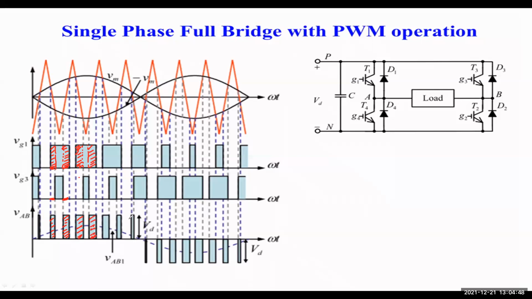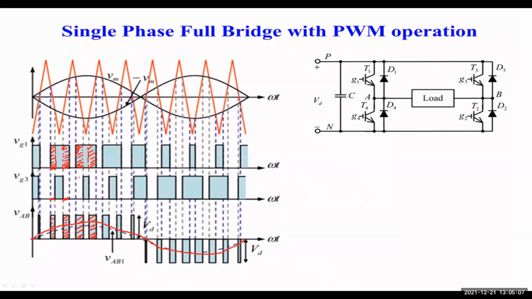Like this, these different triggering voltages are applied, and voltages across the load are applied. The reference signal is generated like this, and our output voltage is generated like this according to our gate pulses.